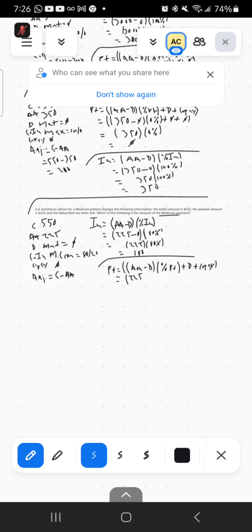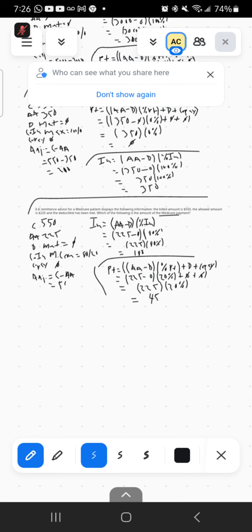The deductible says met, so that's 0. Minus 0 times 20% because that's the patient's part of Medicare, plus deductible 0, plus copayment 0. So now you do 225 times 20%. You put it in your trusty calculator, 225 times 0.20. It is 45.